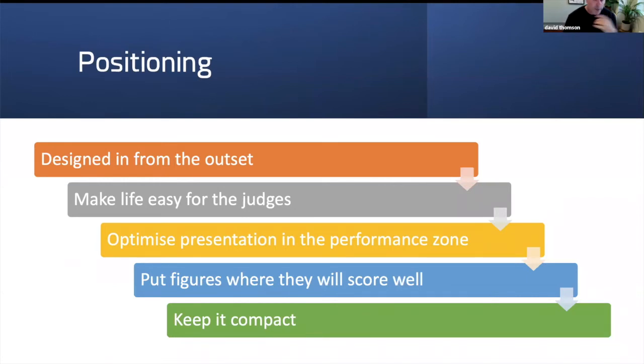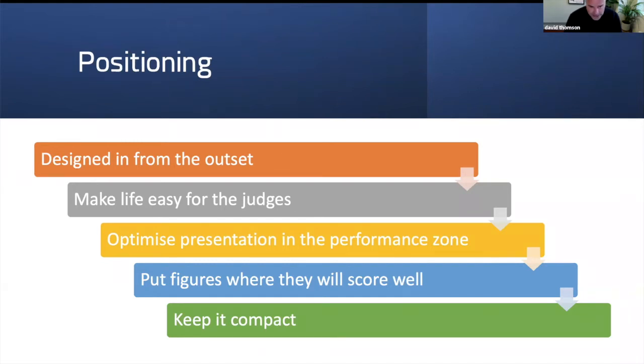So if it's a loop, for example, that doesn't want to be right over their heads because they wouldn't be able to see the shape. If it's a stall turn, they want to be seeing it from an angle that they can see whether or not it's bridged. And if they can't see those things very well, the scores start plummeting, because they're not really going to give you the benefit of the doubt, in my opinion.